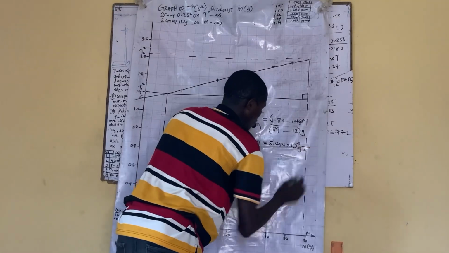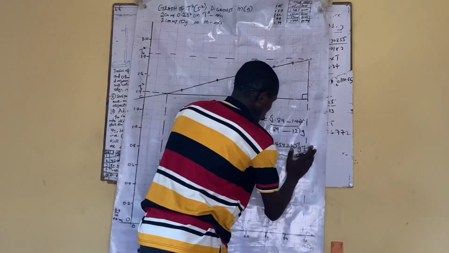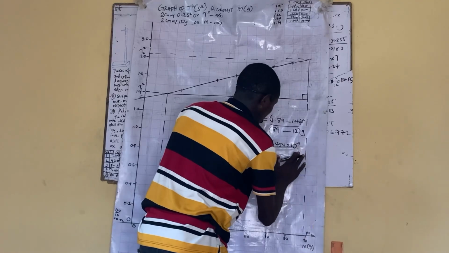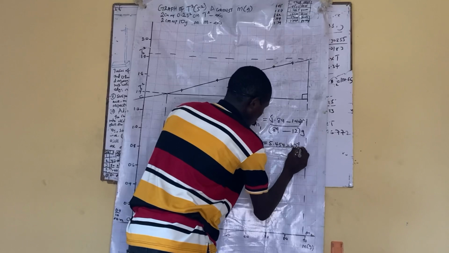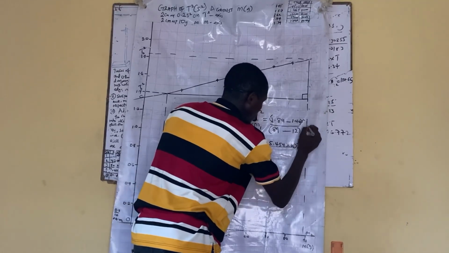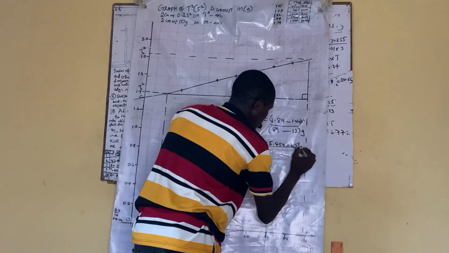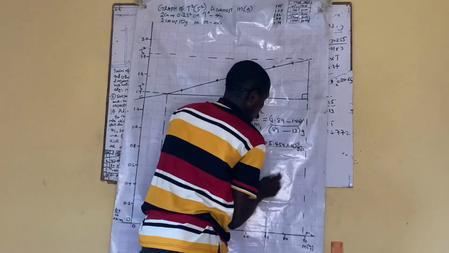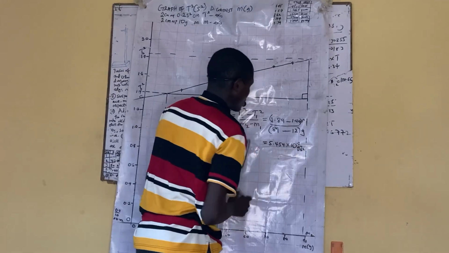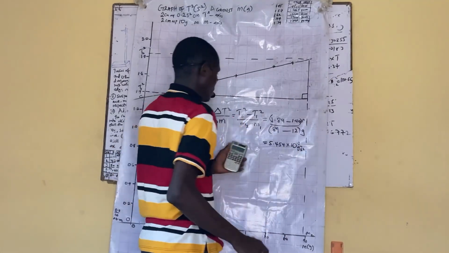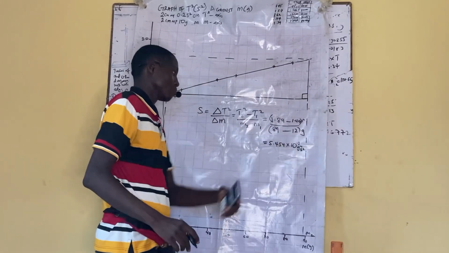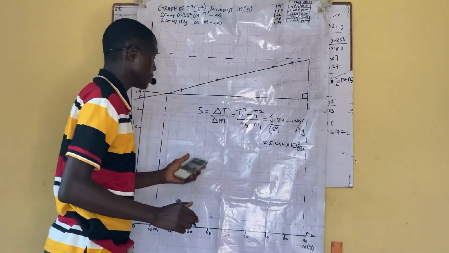So I don't want to mix up with this, so I can write it here. The unit is seconds squared per gram. So that's the unit. You can take this one by one, then you write your final answer. So that's that about that.